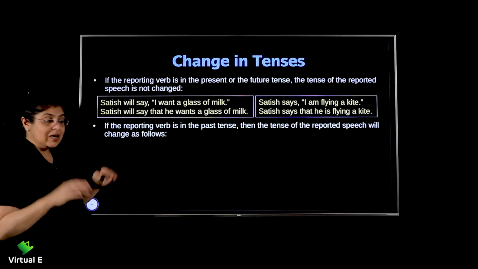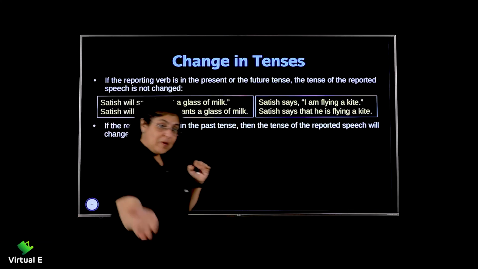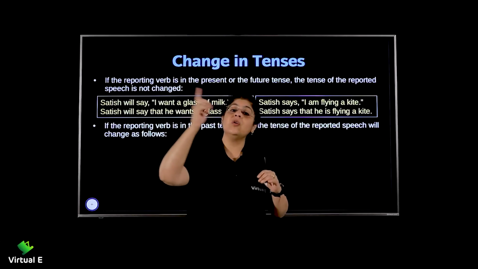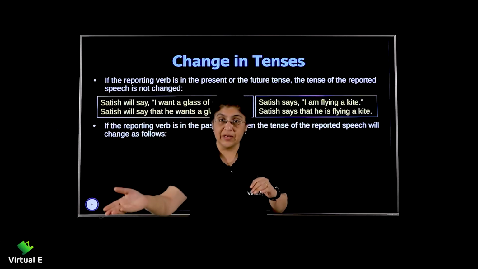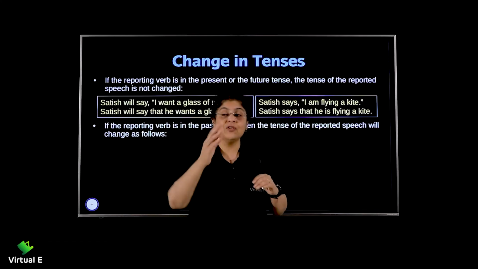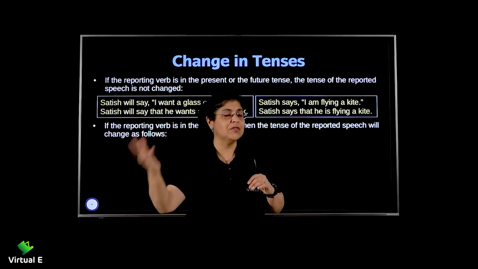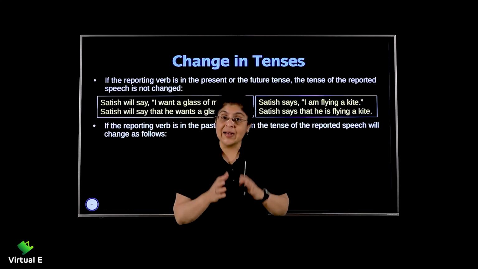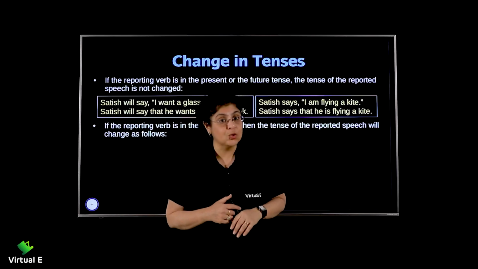Did you understand? What A is saying to B, I said to you right now. You are going and telling C, some third person, the time has changed. Now that will change the tenses too.